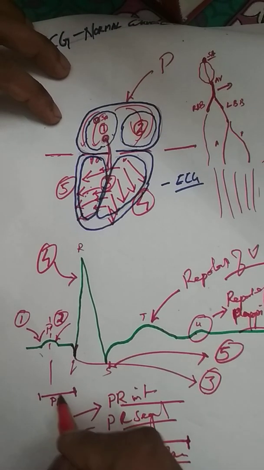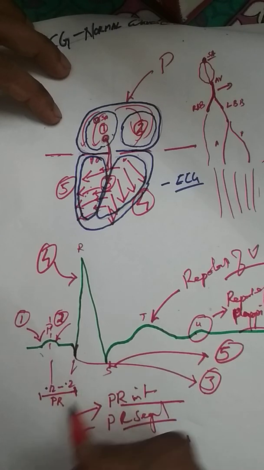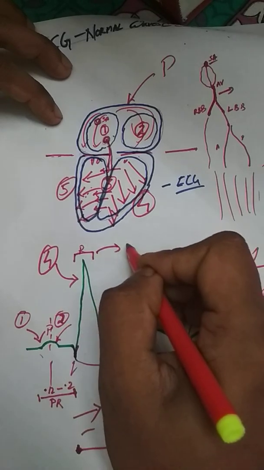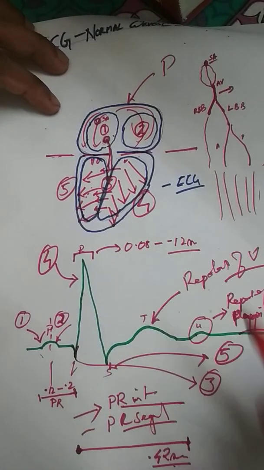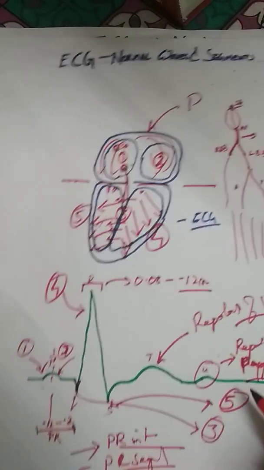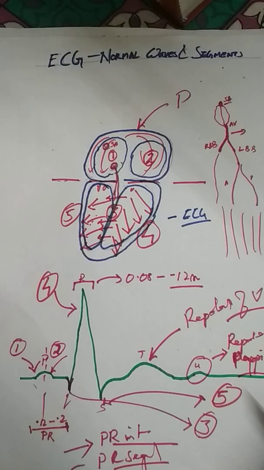The normal PR interval ranges from 0.12 seconds to 0.2 seconds, and the normal QRS complex ranges from 0.08 seconds to 0.12 seconds. So these are the normal waves and segments of a normal ECG.